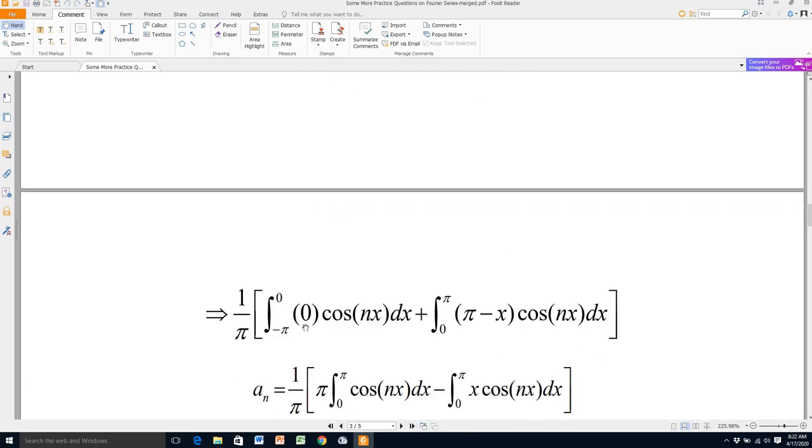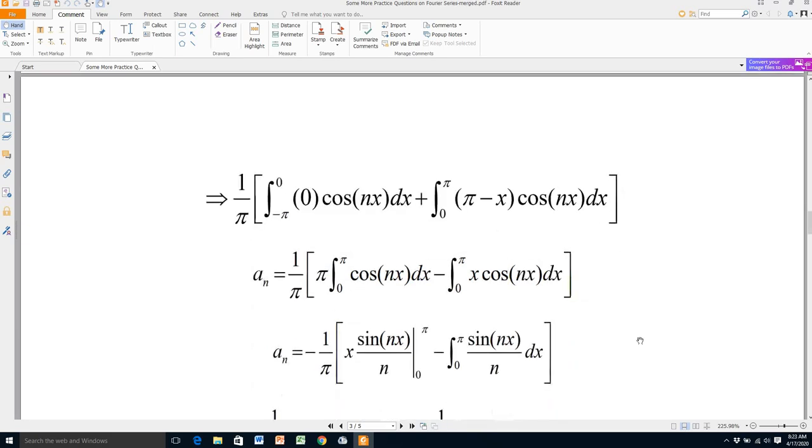I split the integral along the interval minus pi to 0, where the value of the function is 0, plus from 0 to pi, where the function is pi minus x, times cos nx dx.